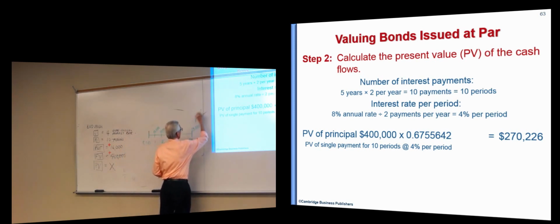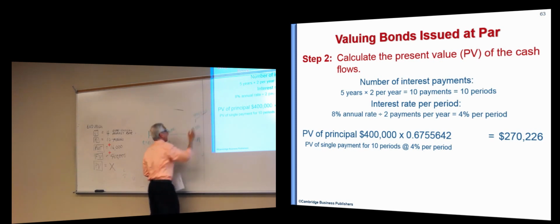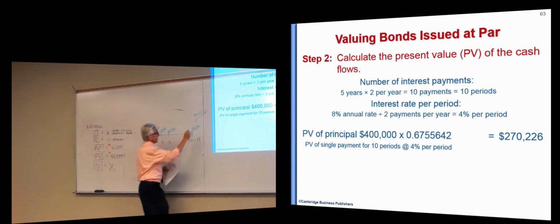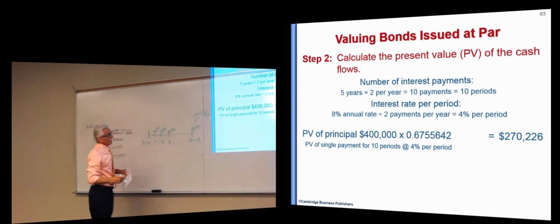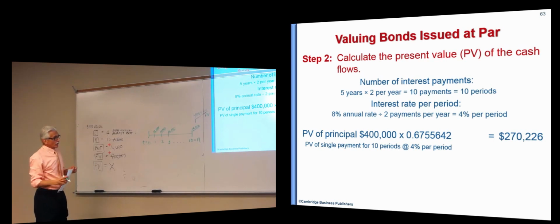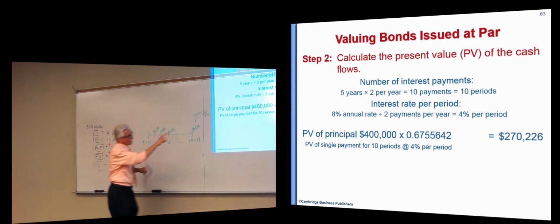Okay, so the future value is an amount, a single payment at 10 periods at 4%. That is the factor. Now, where do I get that factor from?